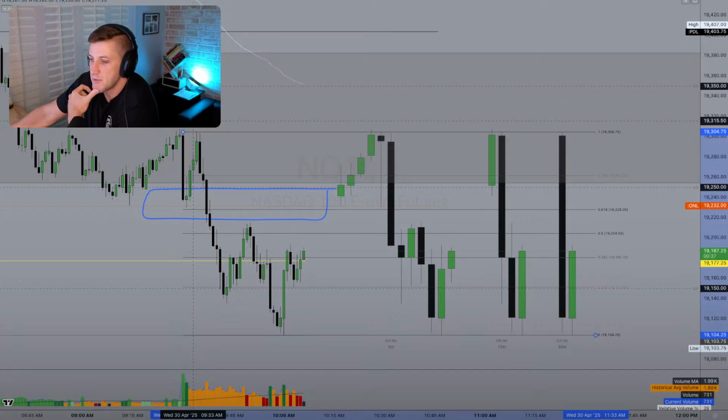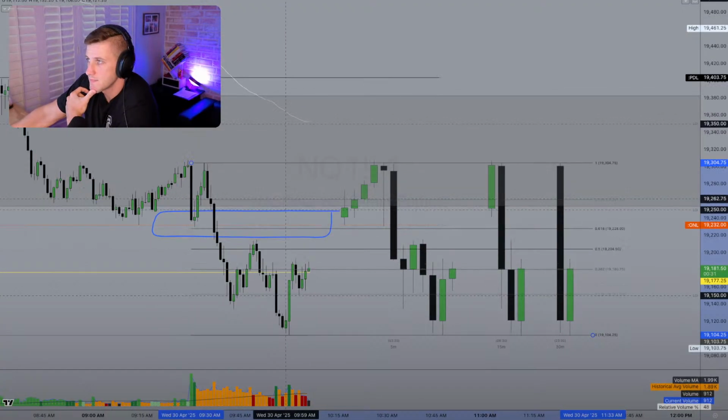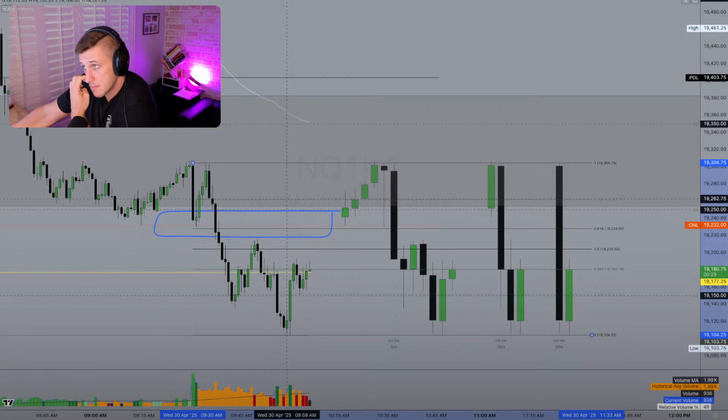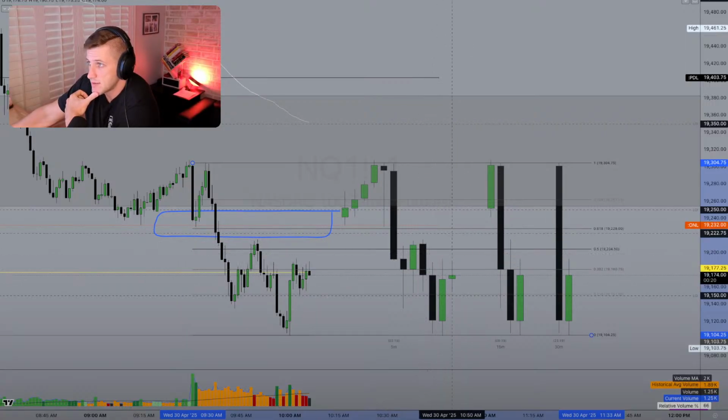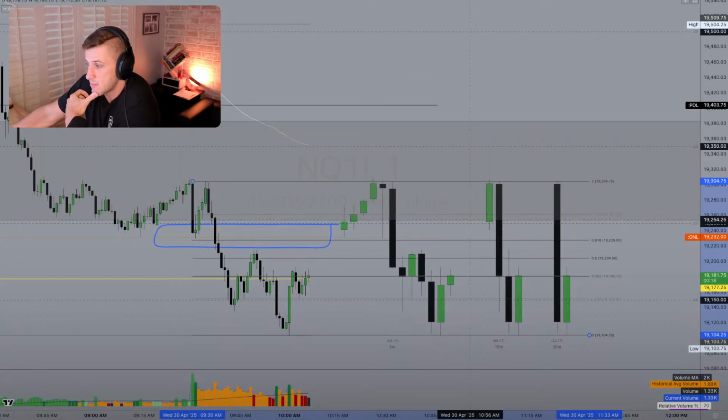Coming into 19,200. We've not really seen the 5-minute sustain through the prior bar high all morning. Let's see if that changes here shortly.